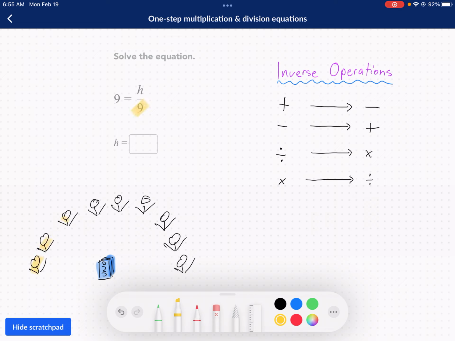So you can see we have 1, 2, 3, 4, 5, 6, 7, 8, 9 people. We're going to take turns going 1, 2, 3, 4, 5, 6, 7, 8, 9, and we're going to see how many cards each person gets. If each person gets 9 cards, how many cards do we start with?